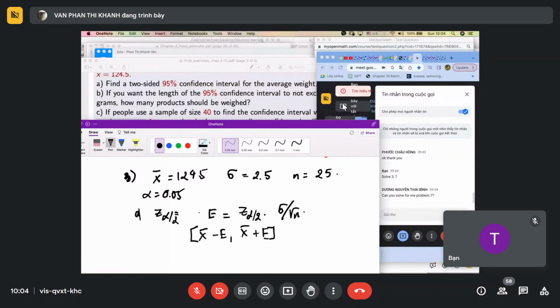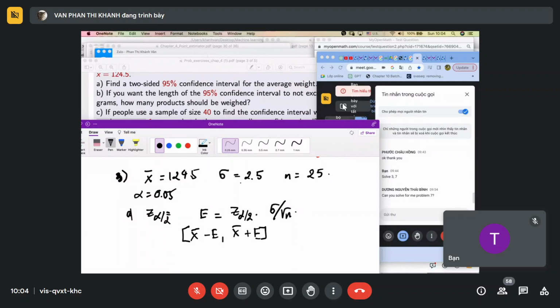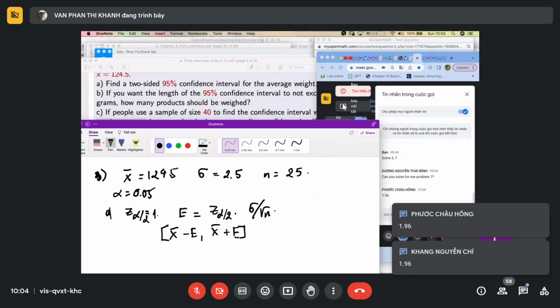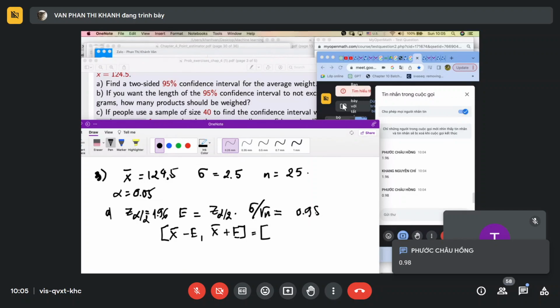So what is z alpha over 2, class? Okay, 1.96. So what is E? 0.98. Are you sure? Yes, oh, 0.98. Right. So x bar minus E. So you subtract E from x bar. So what do you have?